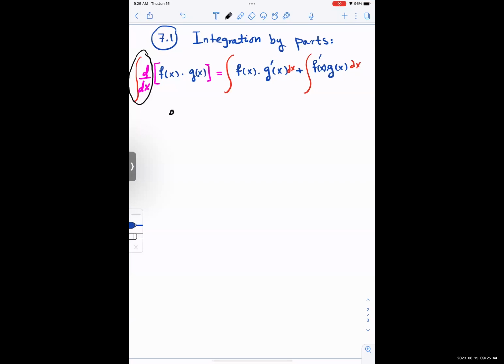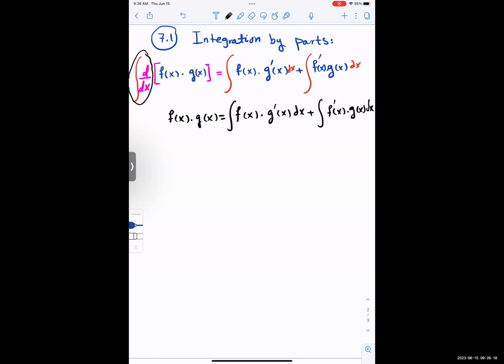So then you would have f of x times g of x equal to the integral of f of x times g prime of x dx plus the integral of f prime of x times g of x dx. I pretty much rewrote everything else. So just integral and derivative cancel each other.